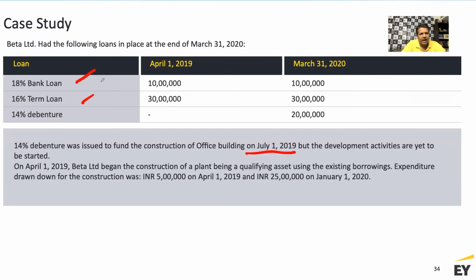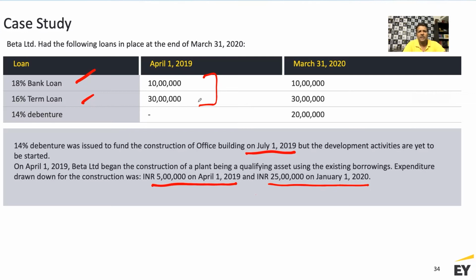Expenditure drawn down for the construction was 5 lakh on April 1, 2019, and 25 lakh on January 1, 2020. How much did I have? In total, I had 40 lakhs. How much have I spent? I've spent 30 lakhs, right? I had 40 lakhs, but I spent only 30 lakhs.